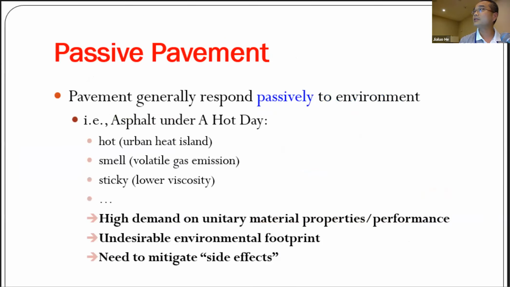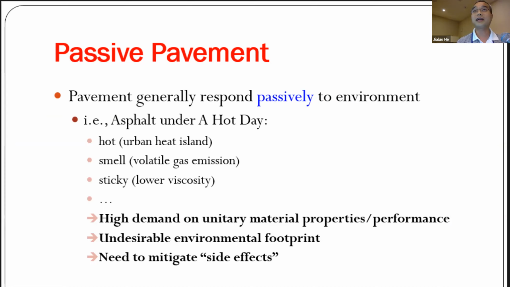In the current infrastructure design, the infrastructure plays a role as a bearing, to bear the environmental condition. We design a road so that it passively suits the environmental demand on it. The consequence is, for example, that asphalt roads, with 94% of interstate highways built with asphalt, can get very hot on a hot day and contribute to the urban heat island effect.